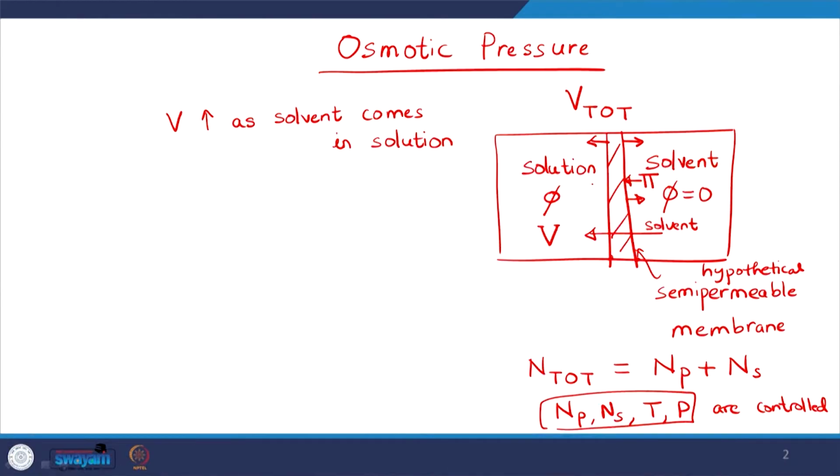What this also means, by the idea of force balance, is that the solution itself is exerting a pressure, right. If I look at the force balance for the membrane, since we have to apply an osmotic pressure pi, I haven't given the name, but I will call that osmotic pressure, if I have to apply a pressure pi from the solvent side, then it means that the solution is exerting the pressure pi from its side, right.